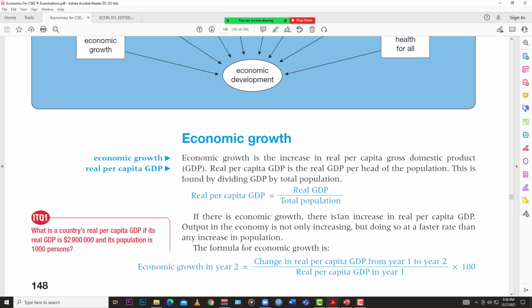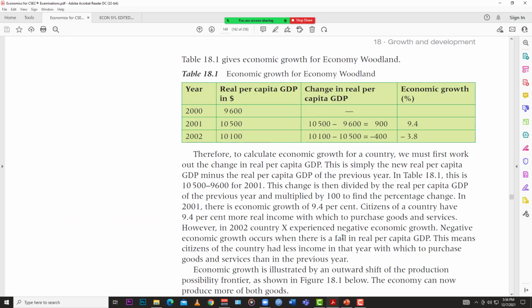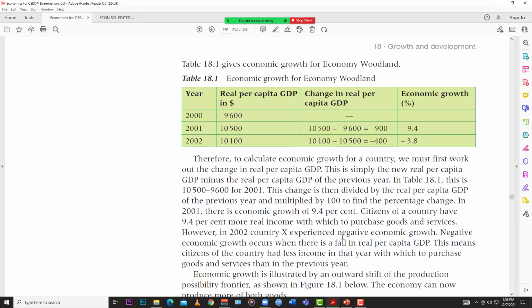You realize that sounds kind of similar to when we're looking at elasticity and those kind of things, right? So this is economic growth in year 2. They're using year 2 to measure it, and that's what it is. Change in real per capita GDP from year 1 to year 2 over real per capita GDP in year 1. So if we follow down, we're going to get the table to explain further.